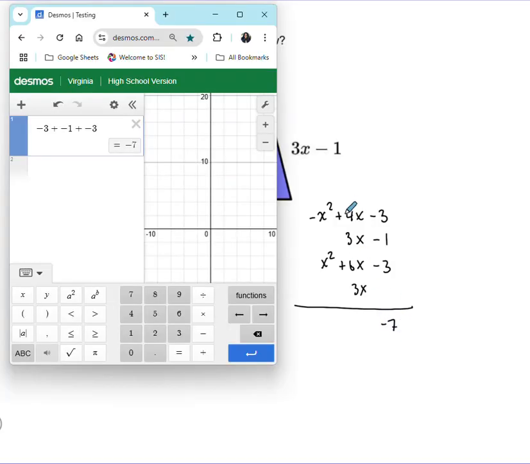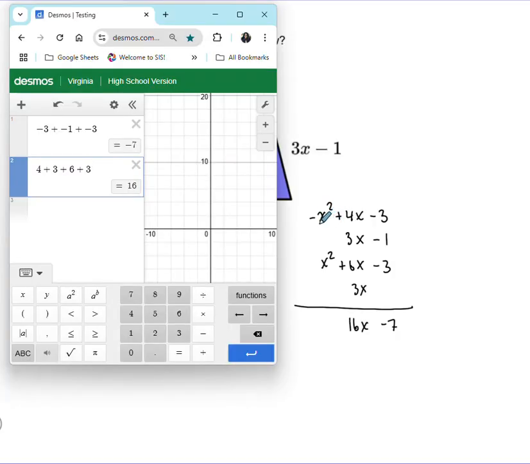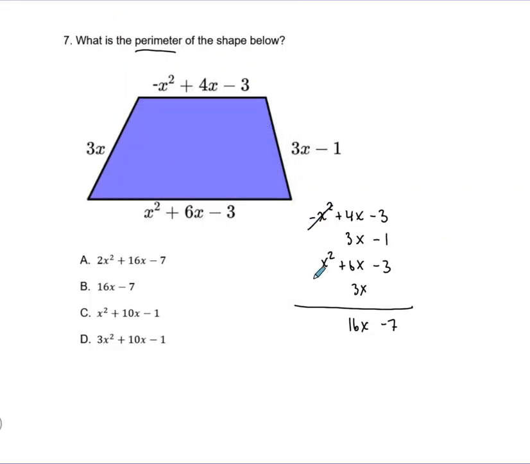And then for here you have 4 plus 3 plus 6 plus 3, positive 16x. And then look at this, this just cancels out, right? Because negative x and then positive x, so that's negative 1 plus 1 is 0. So that just means that these get canceled out. And that's it. All right, thanks guys.